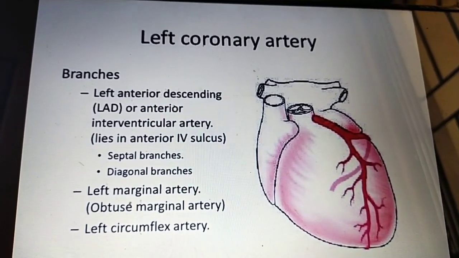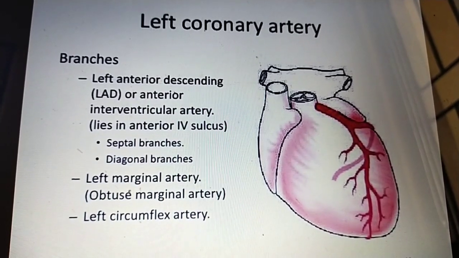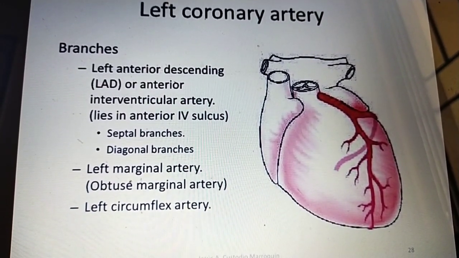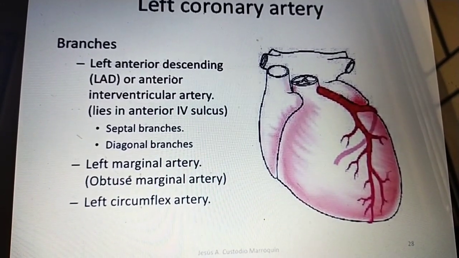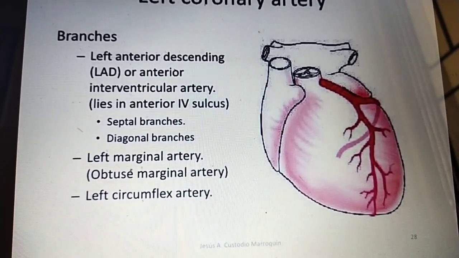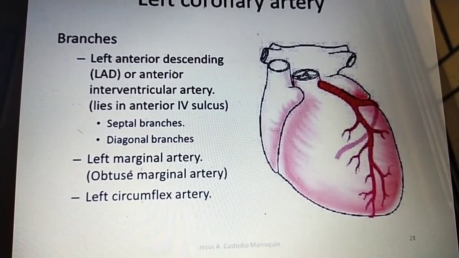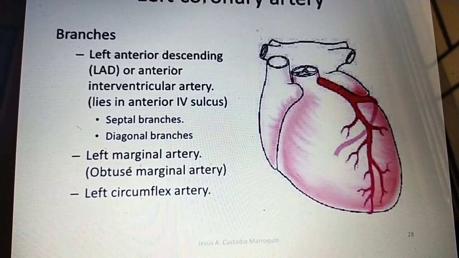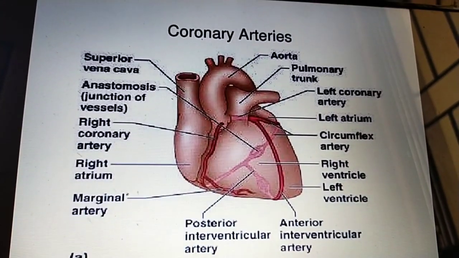The left coronary artery and its branches: the left anterior descending or anterior interventricular artery, septal branches and diagonal branches, the left marginal artery and left circumflex artery.